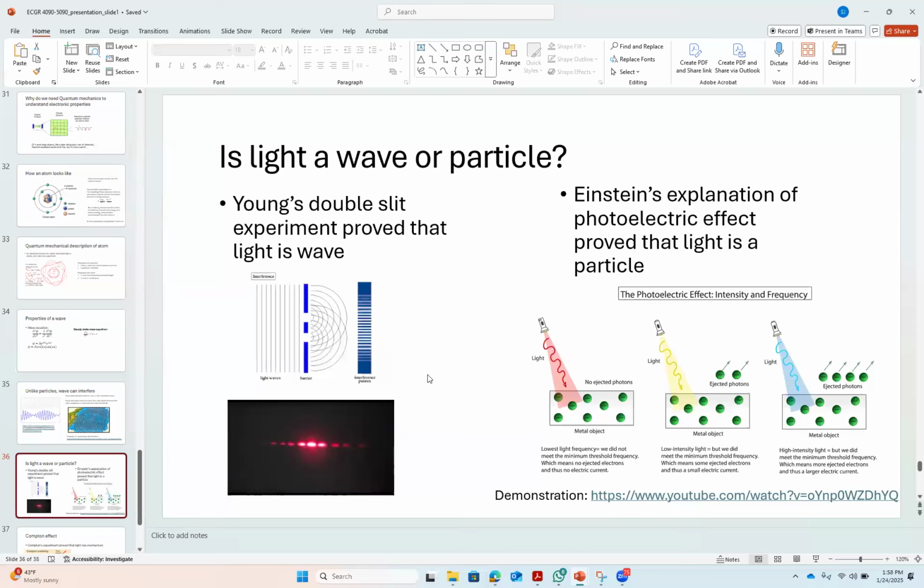The diffraction pattern is shown here. They take a light on the left-hand side, the light passes through two holes over there, and then all those lights fall on a screen.